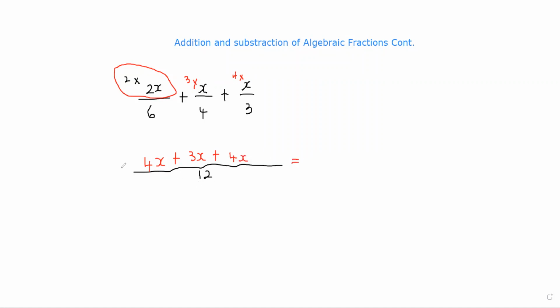All we've got to do now is add the terms: 4x plus 3x plus 4x. Remember, addition of algebraic terms. So we add 4 plus 3 plus 4, which gives 11. It's going to be 11x. So 11x upon 12 is our answer.